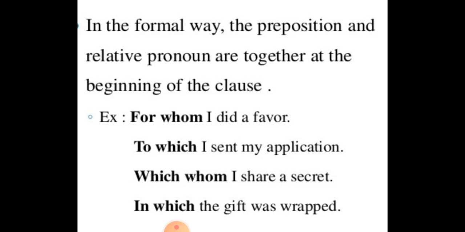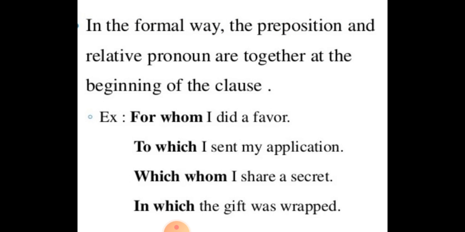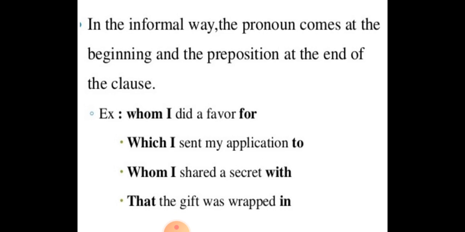Now this is an adjective clause only where the relative pronoun is used as an object of preposition. So here you can see preposition and relative pronoun, they both are used together. To which I sent my application, with whom I shared the secret, in which the gift was wrapped.